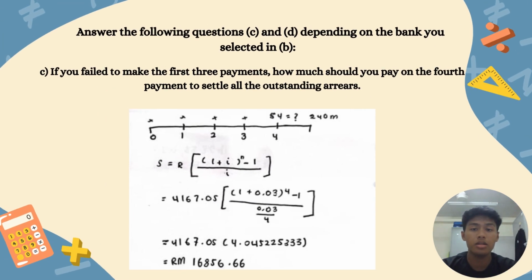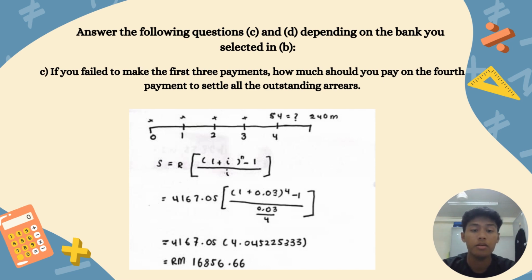Answer the following questions C and D depending on the bank you selected in B. Question 4C. If you fail to make the first 3 payments, how much should you pay on the first payment to settle all the outstanding arrears? To answer this question, first of all, you need to draw the timeline so that you can illustrate the process. Next, you need to list down the formula that you will use. We need to use the future value formula, which is S equals R[(1 plus i) to the power of n minus 1] divided by i.